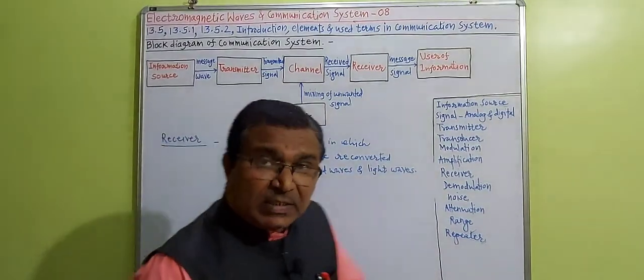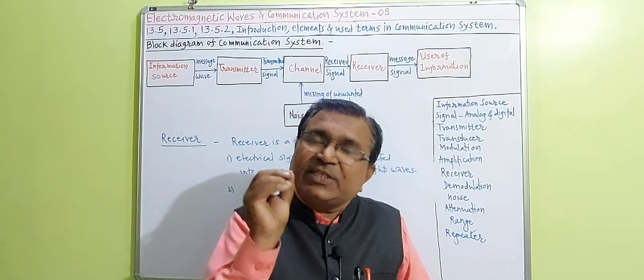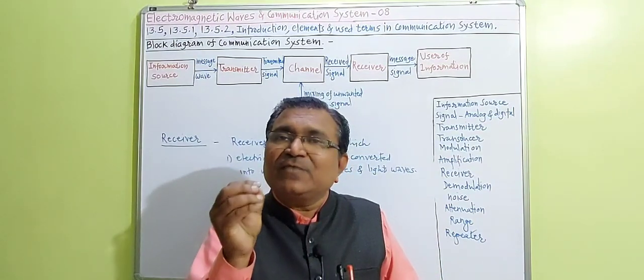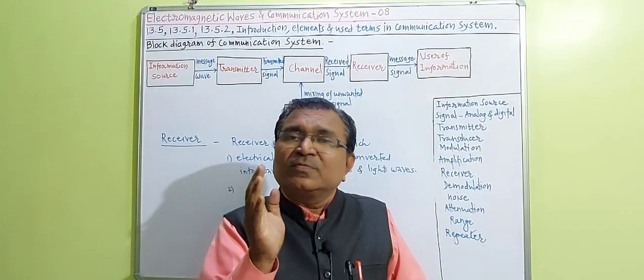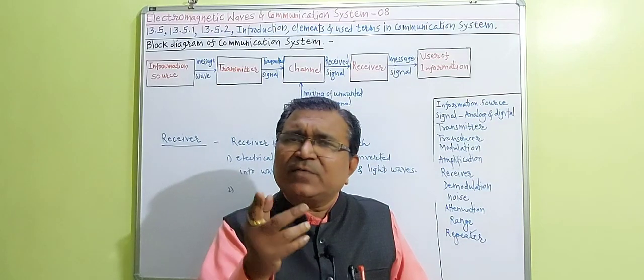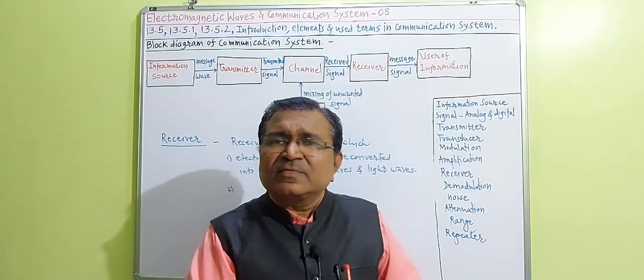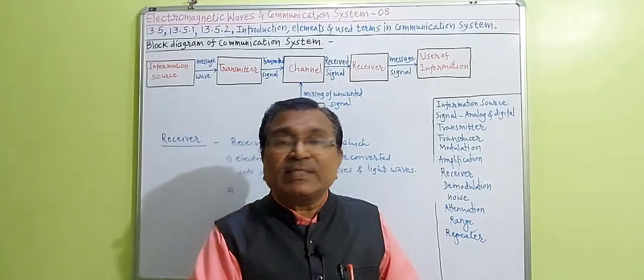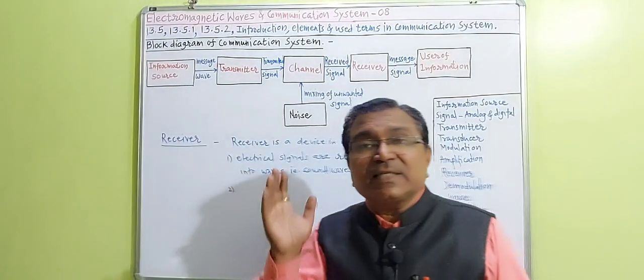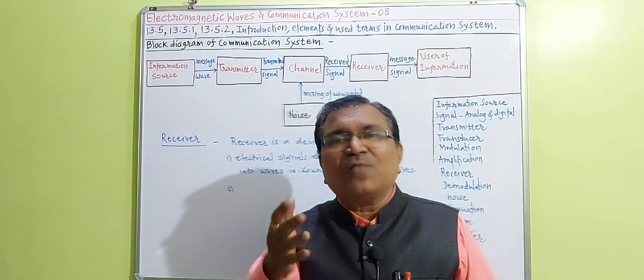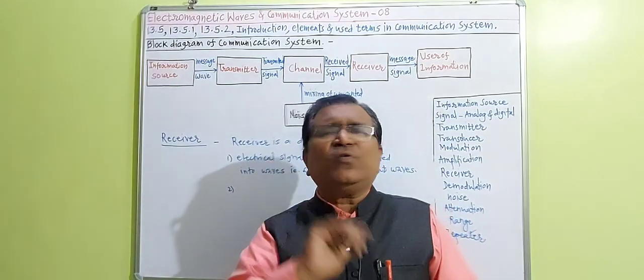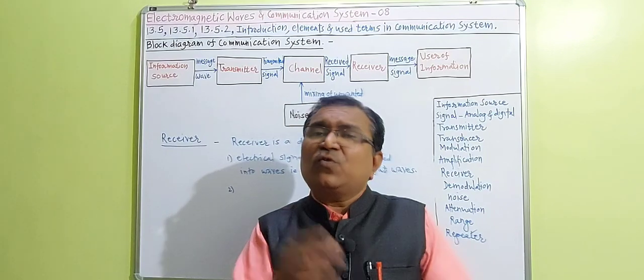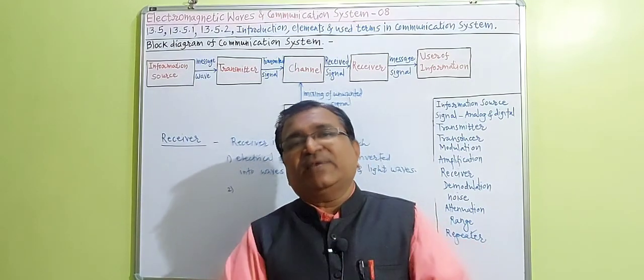Okay. Dear student, we know originally that sound waves and light waves have low frequency, but the electrical signals coming up to the receiver are of high frequency. We don't want high frequency. We want our original low frequency level.